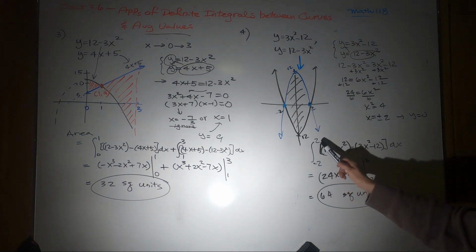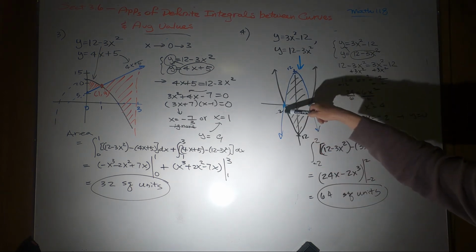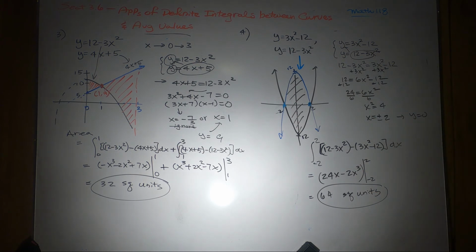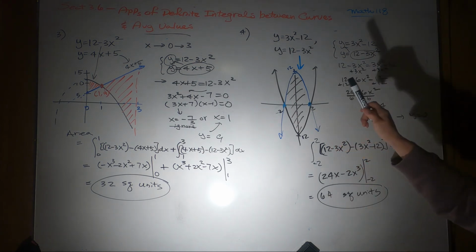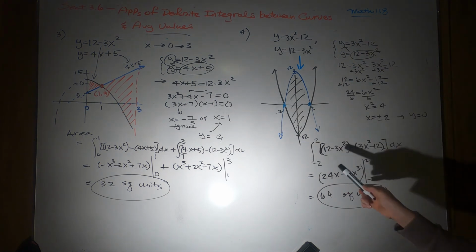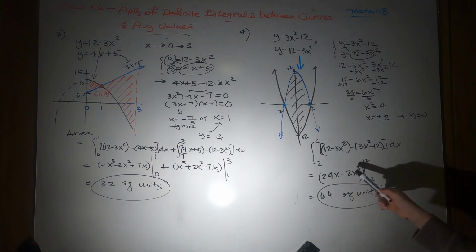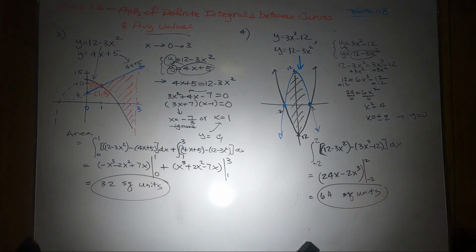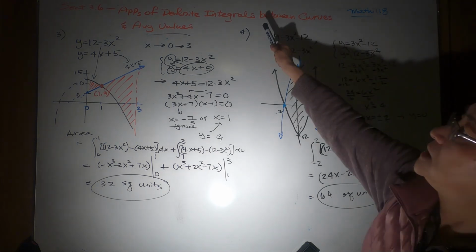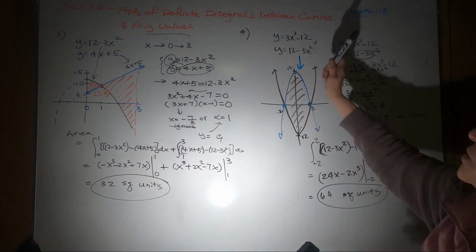Now you have to find it yourself. So you can do the top minus the bottom curve. You need to graph it first to see it. So you should be able to find that the areas are positive for sure. So we are practicing the definite integrals between curves.